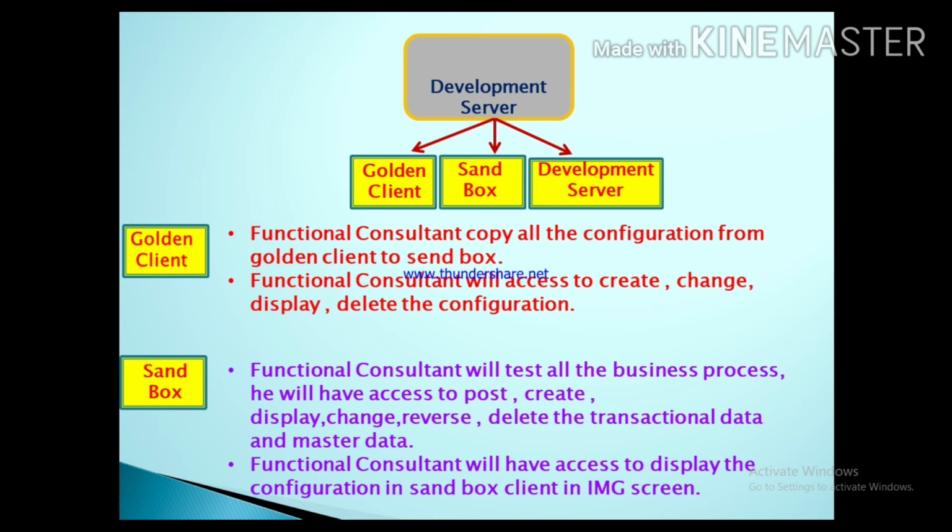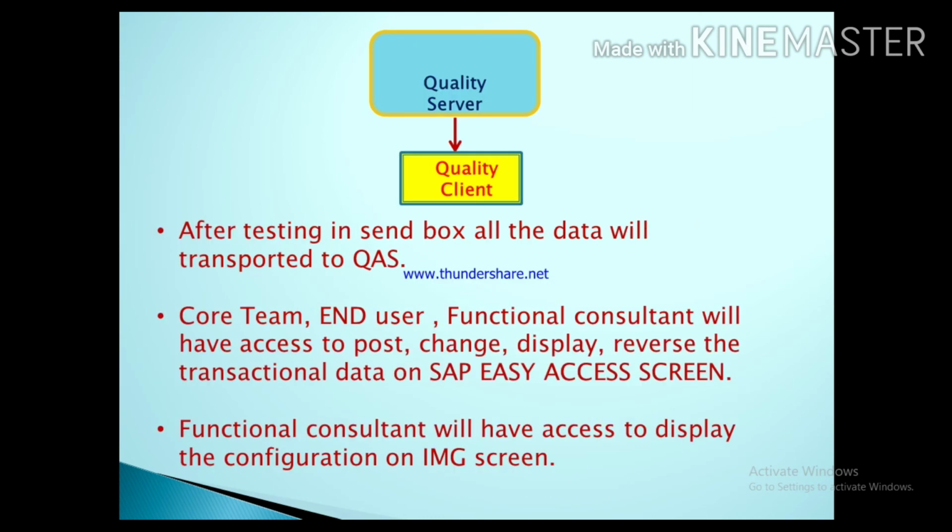They fulfill all the business requirements which are required by the core team members. After testing in this sandbox, the functional consultant copies all the data into the quality server.